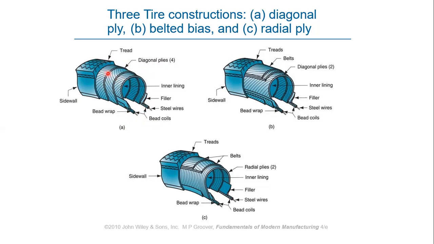These plies are reinforced with various kinds of fibers to enhance the property, so the strength of the tire material is increased because of these cross plies. Sometimes they are used in different orientations. The orientation can be 45 degrees, or many other degrees depending on the application.